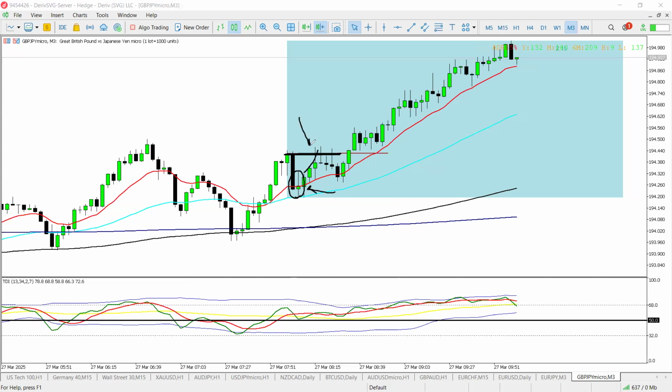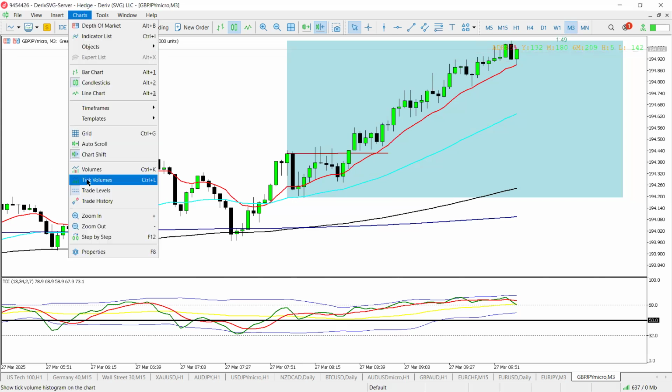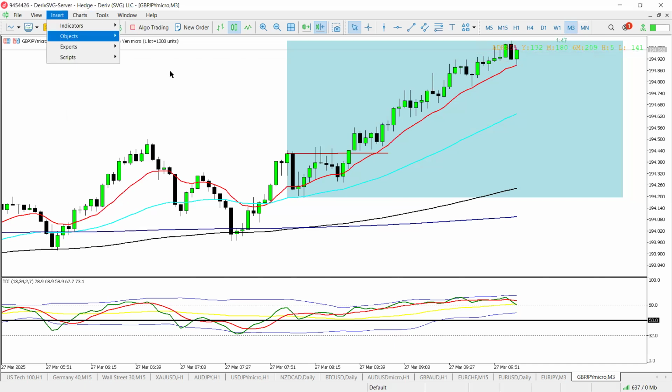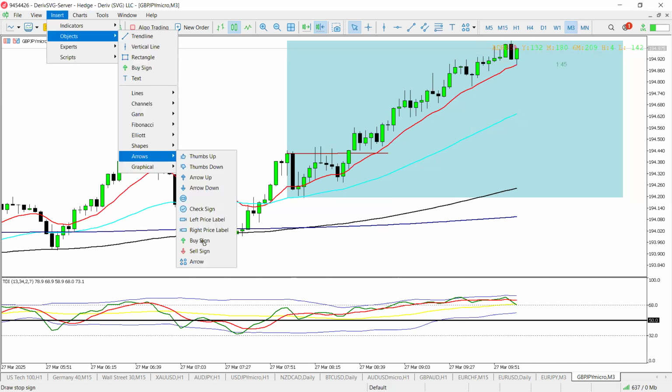So price came, spiked, came back down to the 13 and gave us a nice pattern here, which is an engulfing candle, or a bullish engulfing. So just to confirm everything we've been talking about, TDI had a baseline bounce. So you can see I'm using the indicator on the bottom just to confirm what I've already seen, right? So at the close of that bullish engulfing, that's when you as a day trader look for an entry.